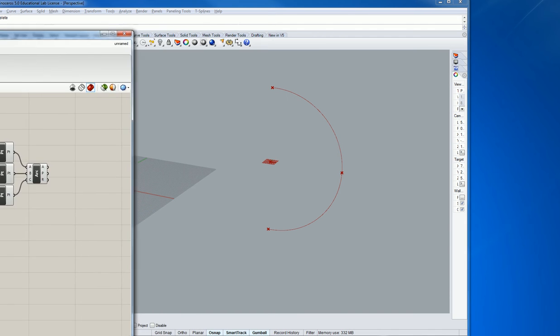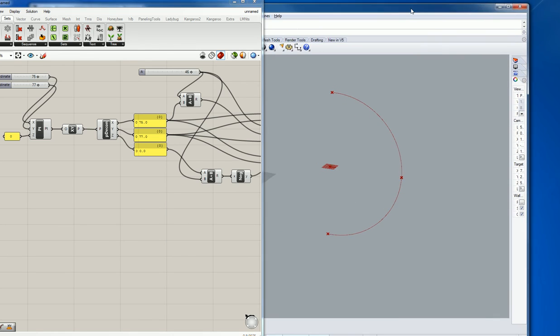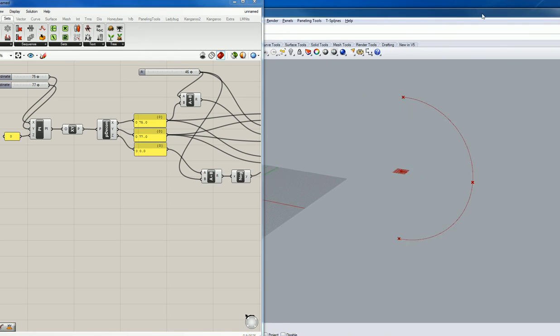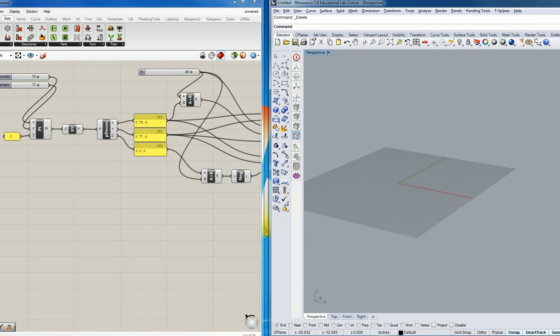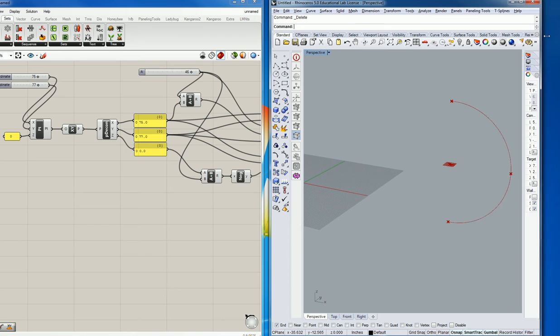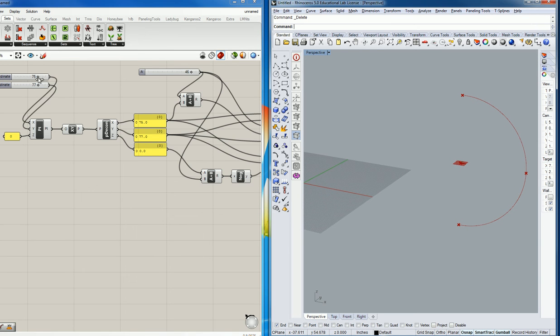If I slide this way, and I'll move this one over to the side, this first set is what moves it in the XY direction. And that creates a set of deconstructed points that yield X, Y and Z values.